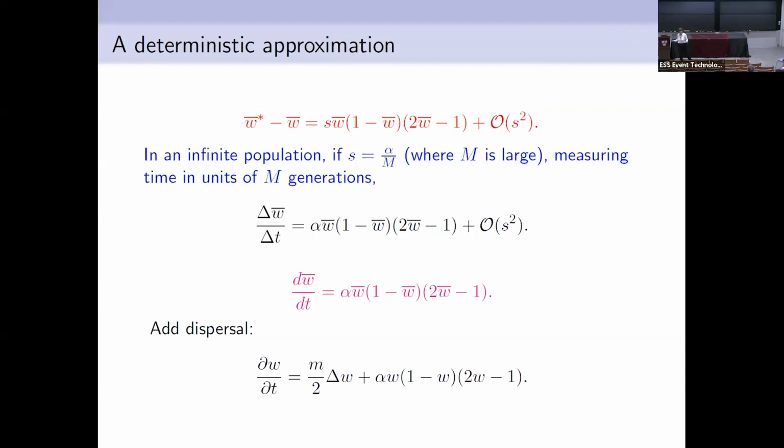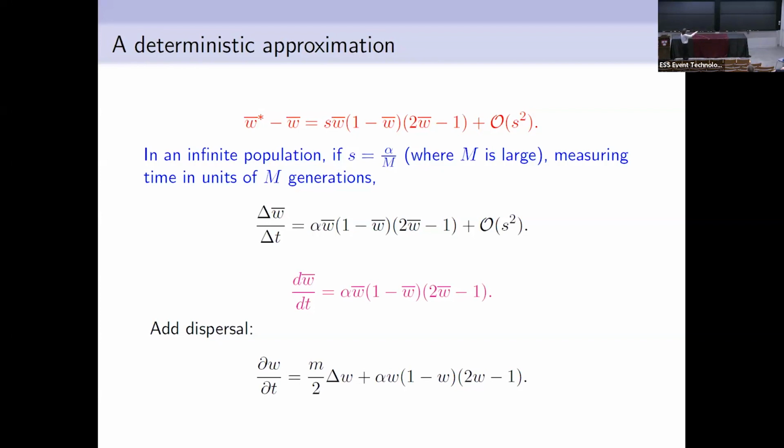Now, I should tell you, there is a mathematically principled way of arriving at this model, which starts with individual-based reproduction based on plants, and then we pass to a scaling limit. But it would take an hour to go through that. And so I hope that this is enough to convince you that we should expect some sort of dispersal term, and we should expect a nonlinearity of this form for the way that the proportion of little a alleles is evolving.